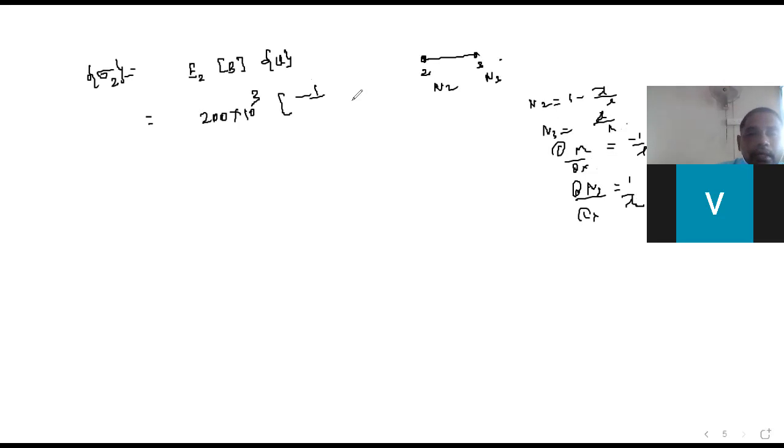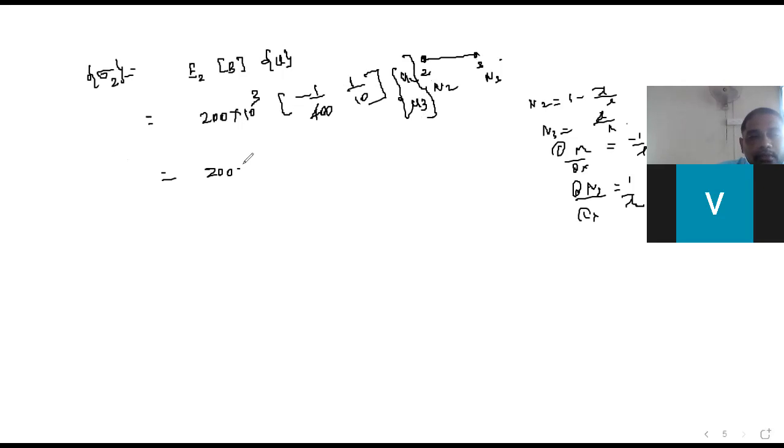Here this is actually L2. What is the total length of the second element? It is actually 400 mm. So minus 400 and plus 400. This is actually a row matrix, multiplied by U2 and U3. Okay, so apply the values of U2 and U3 here.